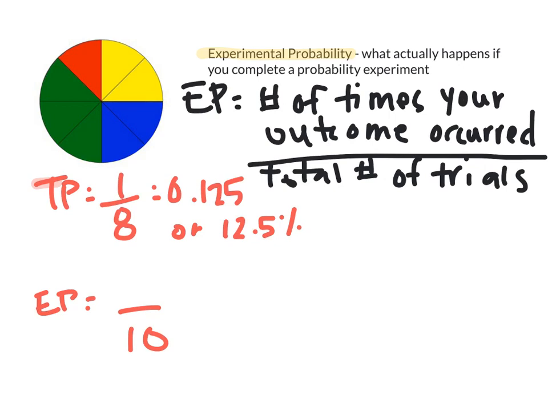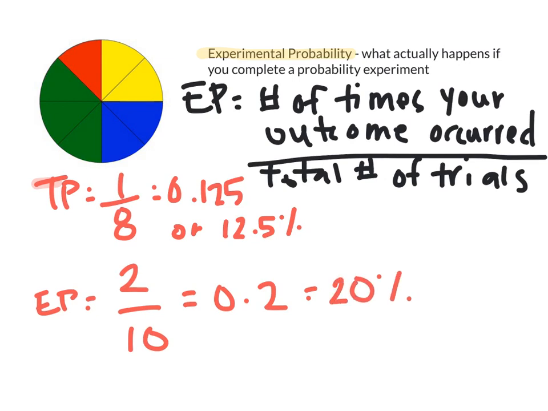Let's say, for example, I spun the spinner 10 times, and it landed on red twice. I would write the experimental probability of red as 2 over 10, which is equal to 0.2 or 20%.